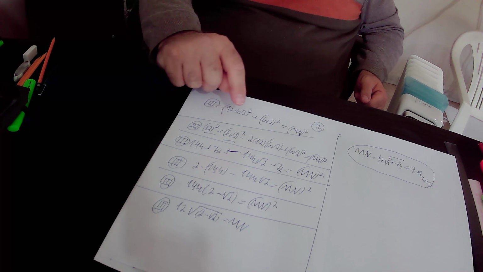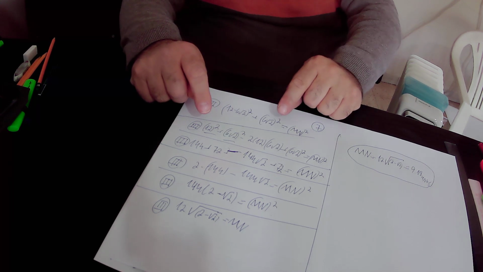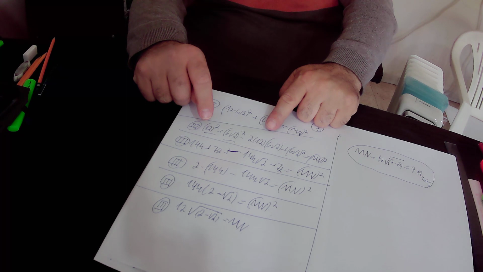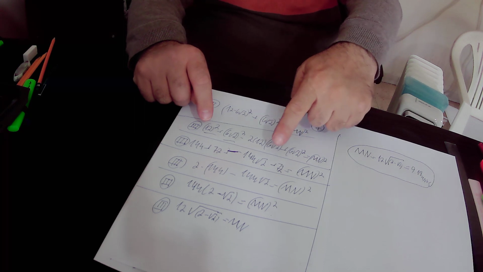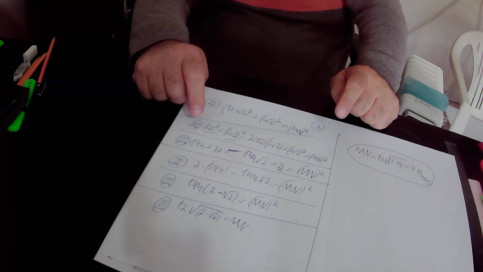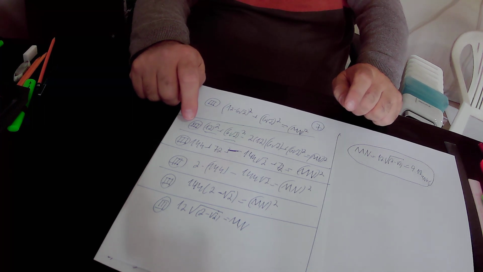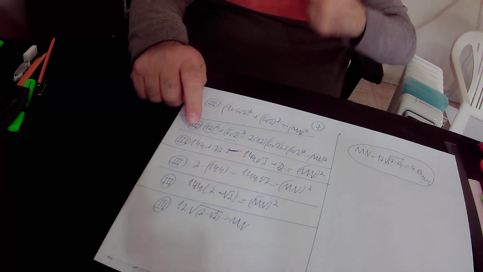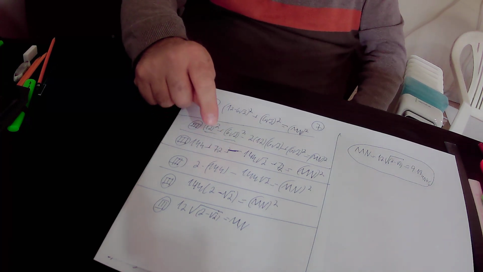Minus 2 times 12 times 6 is minus 144 times square root of 2. And (6 times square root of 2) squared is 72. So in conclusion, 72 plus 72 is 144, and 144 plus 144 is 2 times 144.